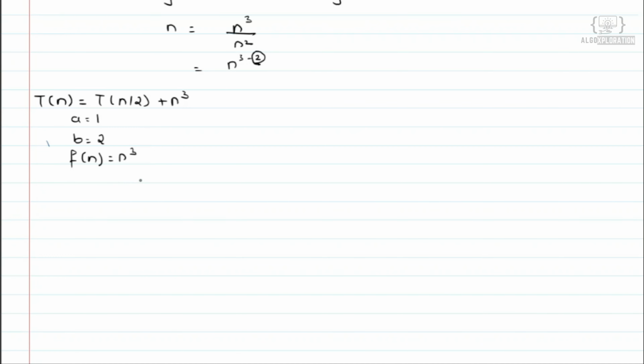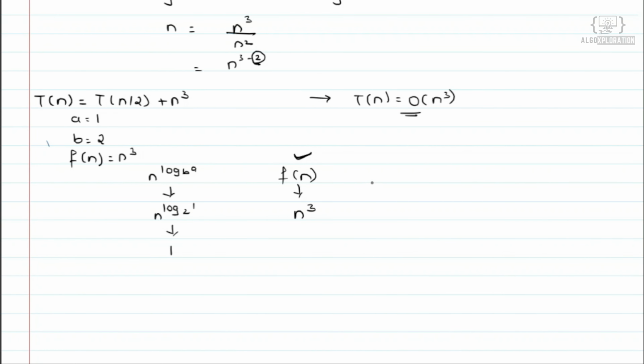So the value of n raised to log a base b will be n raised to log 1 base 2, that will be 1, and the value of f of n is n cube. So we can see that f of n is bigger. So simply putting, T of n is equal to order of n cube.